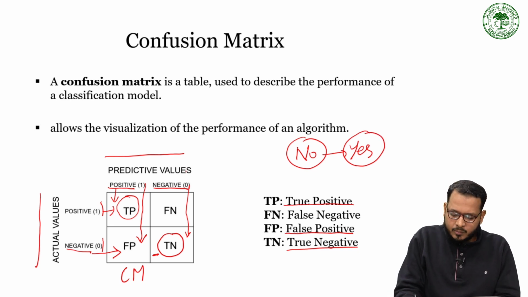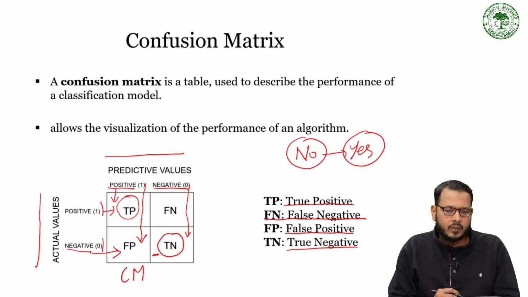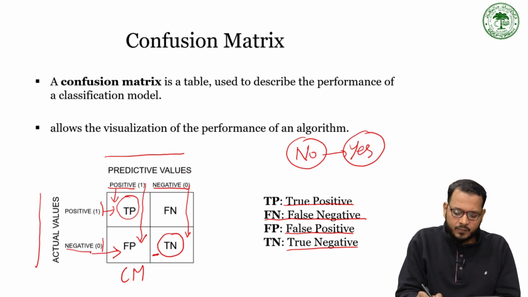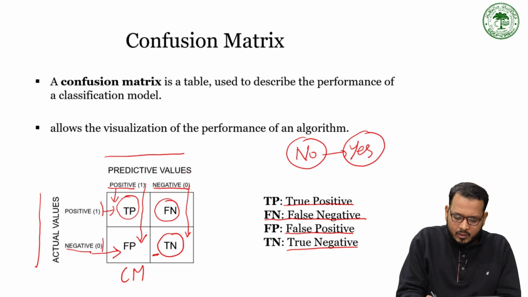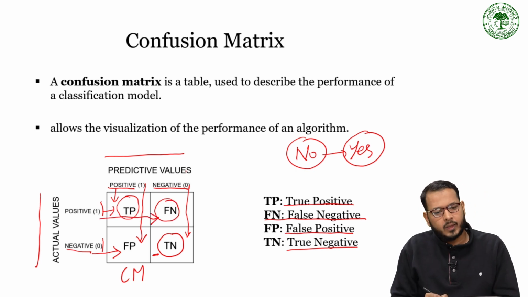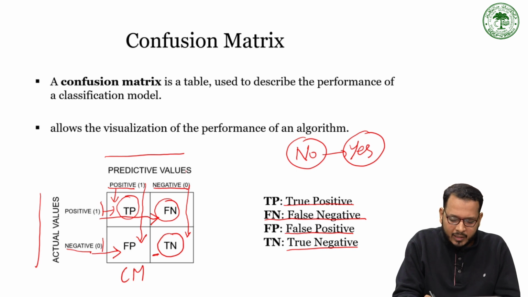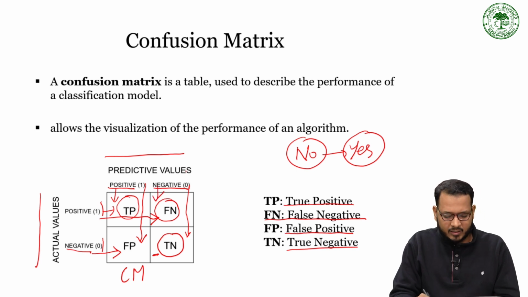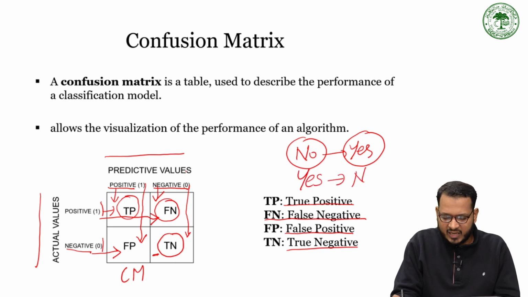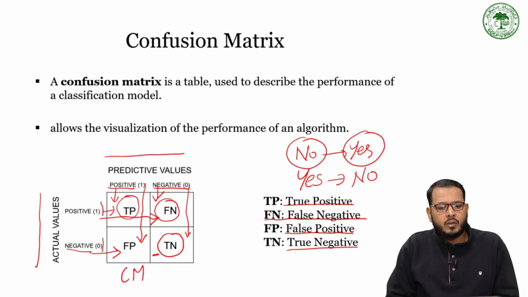Similarly, we have the concept of FN, which means false negative. As you can expect, false negative here means that the actual value was positive, but somehow our algorithm predicted negative. So the actual value maybe was yes, but our algorithm predicted no. You can remember FN or false negative as falsely predicted negative.